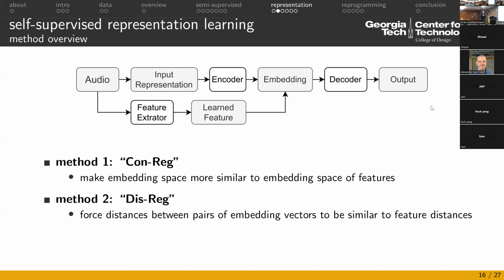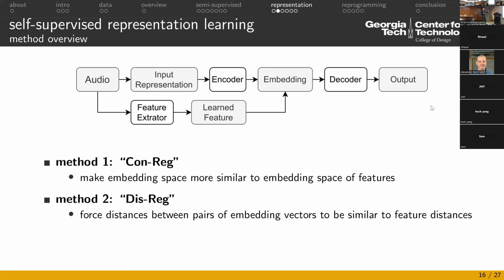Method one is we actually try to force our embedding space to have a similar structure as the VGG features. We directly compute a distance between the embedding space and the external features, and we try to shift the embedding space to look a little bit more like a VGG feature.